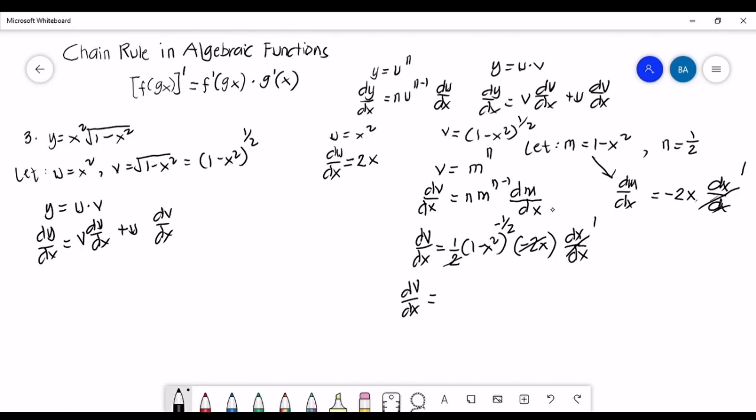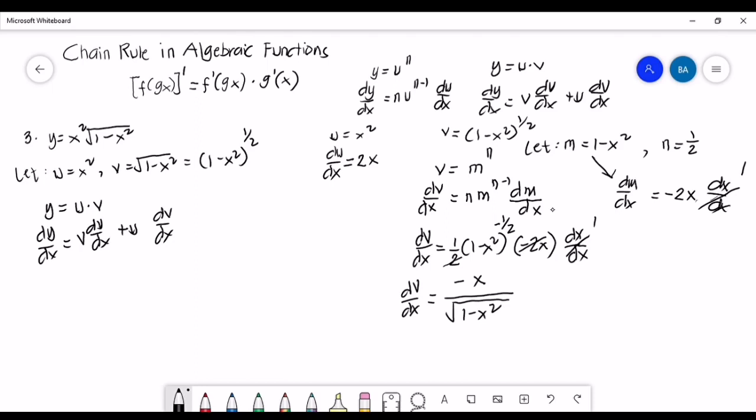So automatically we have negative x over the square root of 1 minus x squared, because if we put this in the denominator, the exponent will become positive. So we must stop there. This is our dv dx.